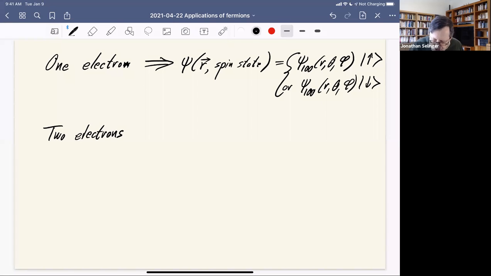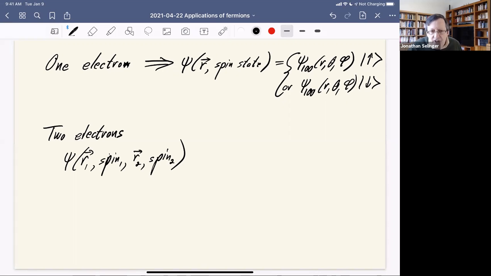In that case, we need a wave function that depends on R1 and the spin state 1, and on R2 and the spin state 2.